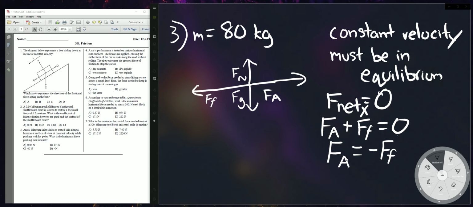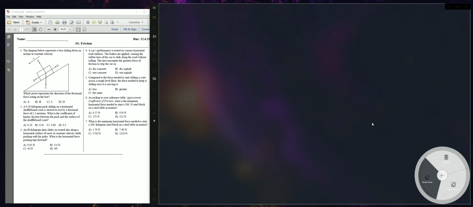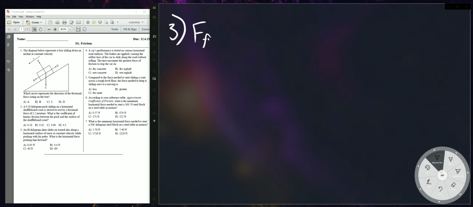And I know that my horizontal force pushing me forward is equal to my negative frictional force, which means we want to find out what frictional force is. Well, there's an easy way to figure out what that is. I went over this with your notes, I think. So your frictional force is equal to mu Fn.